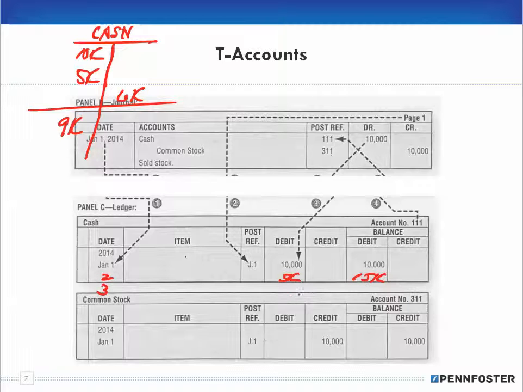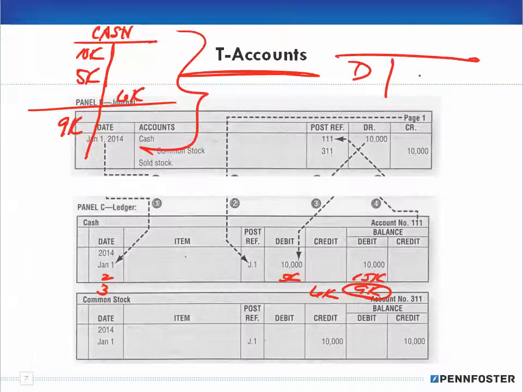Then when I make my third entry for 6,000, my balance should be $9,000. That's what it would look like in my actual ledger account, but I'm using this T account as a quick down and dirty look at the information so that I understand what is in that actual account. So you can use the T accounts in multiple ways, and the reason why it's called a T is because debits are on the left and credits are on the right. It looks like a T.